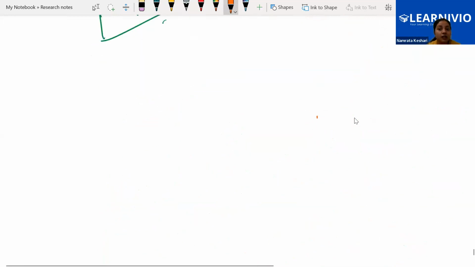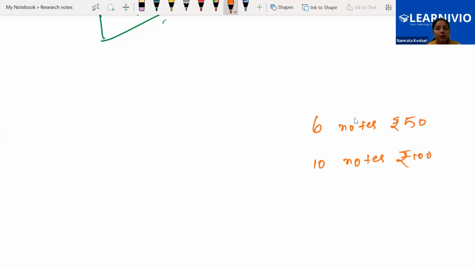Similarly, if I tell you there are 6 notes of 50 rupees and 10 notes of 100 rupees, please tell me what will be the total amount. Just by doing the multiplication, we will get the total amount. Please let me know, Ziana, Harshit.